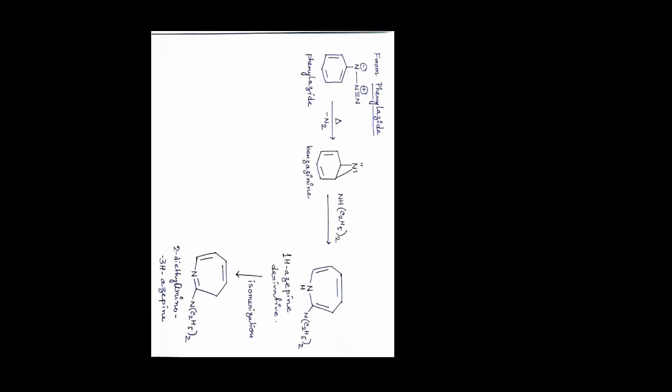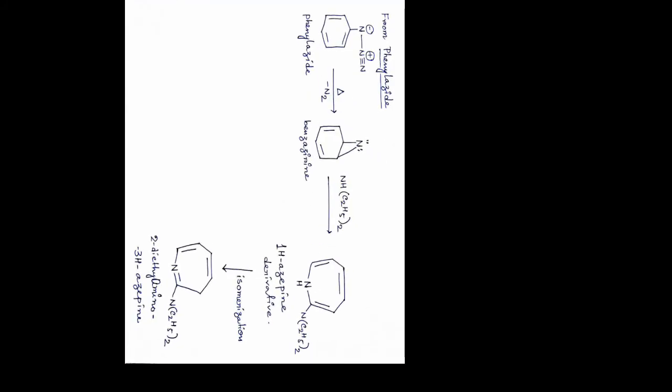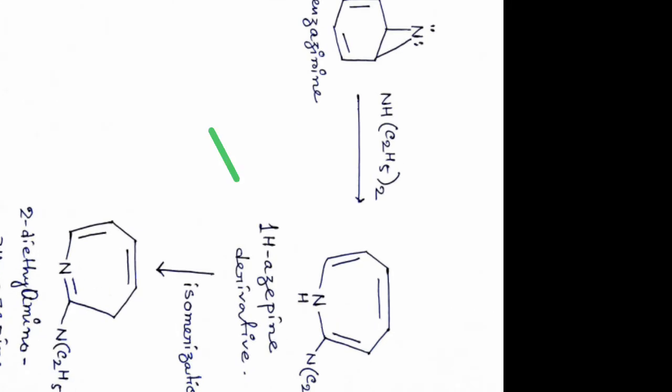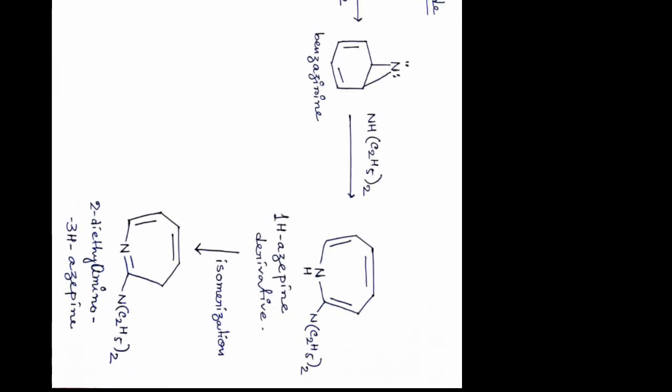Again, whenever we take phenylazide on heating, the nitrogen is eliminated from the structure, and finally we get benzazirine. You can see the specific structure. The double bond present in this position is broken and a nitrogen is attached into the whole ring system.